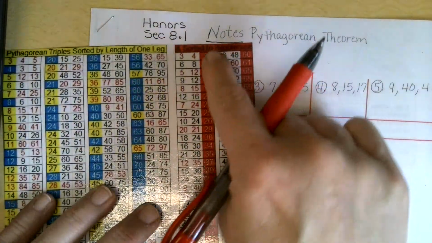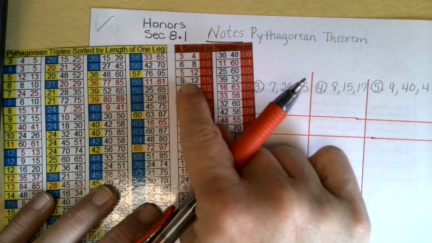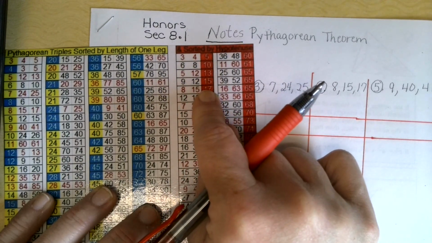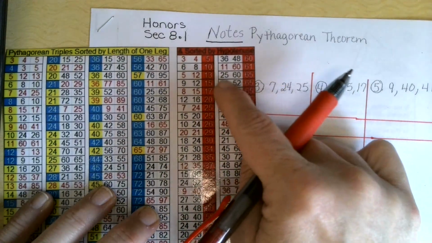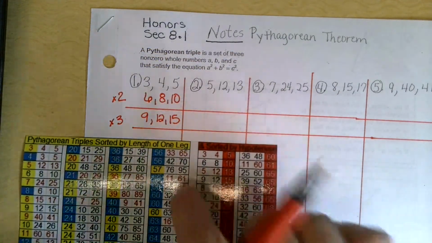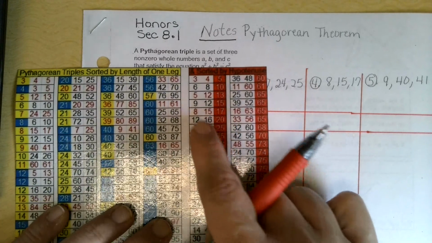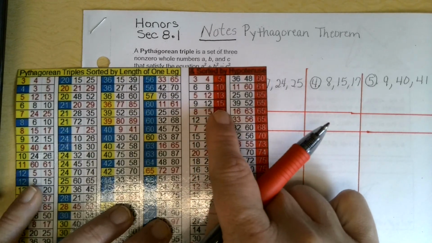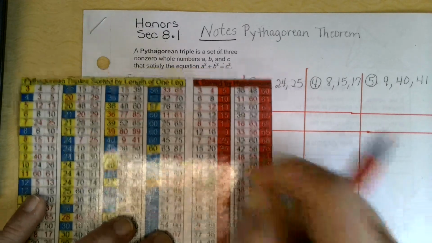If you look in here, it's in black because it's off of the red. 9, 12, 15. There we go. And so that is a Pythagorean triple. 9 squared plus 12 squared equals 15 squared every single time.